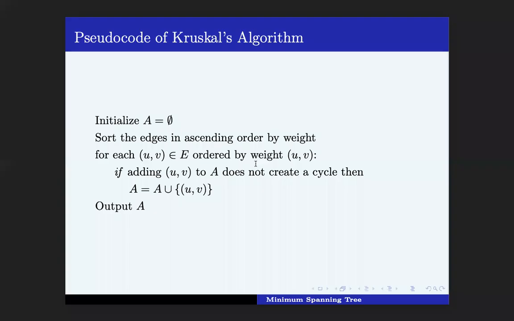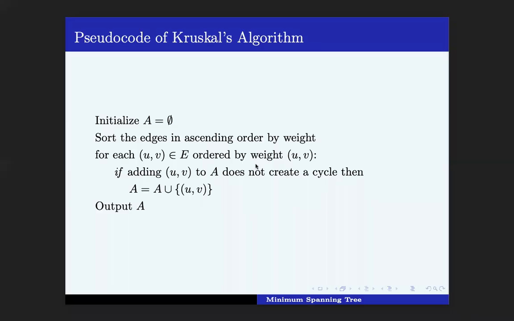If a cycle is formed, that means I have already visited the vertex before. I just have to keep track of which vertices I visited, right?